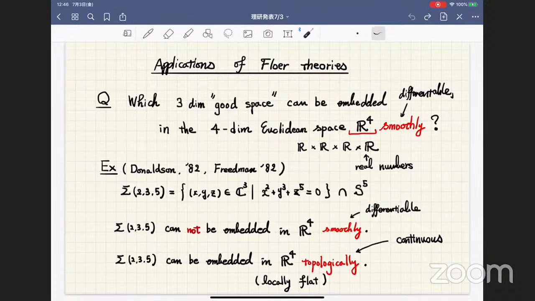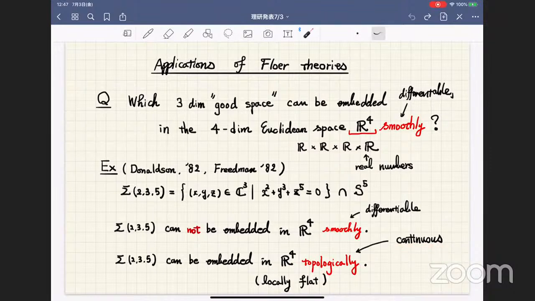As an application of Floer theory, we can see that Sigma(2,3,5) cannot be embedded in R4 smoothly. Smoothly means the embedding is differentiable. On the other hand, Freedman proved that Sigma(2,3,5) can be embedded in R4 topologically. Topologically means locally flat and continuous.